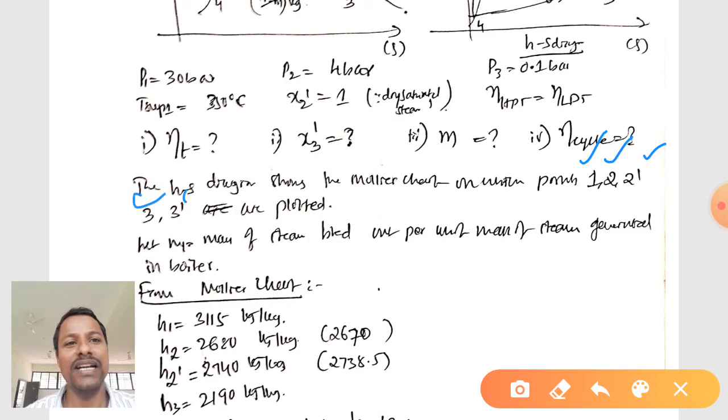Point 3 and 3 dash can be plotted, and we can obtain the enthalpy values for solving the problem.